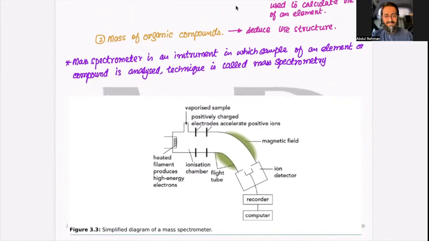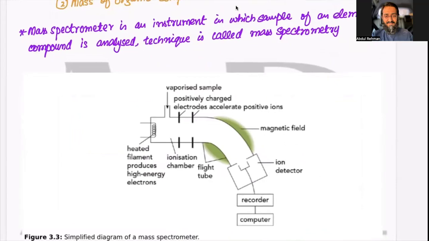So that is the diagram of a mass spectrometer with its components. We'll discuss how it works first, then we will discuss the other things later.